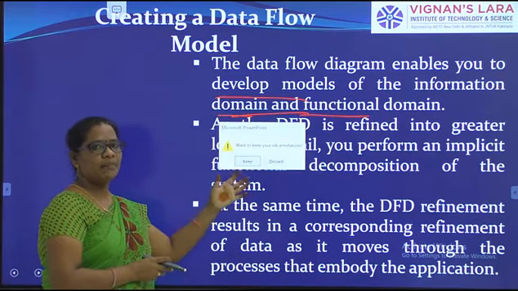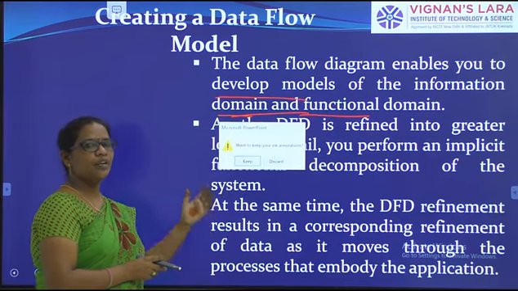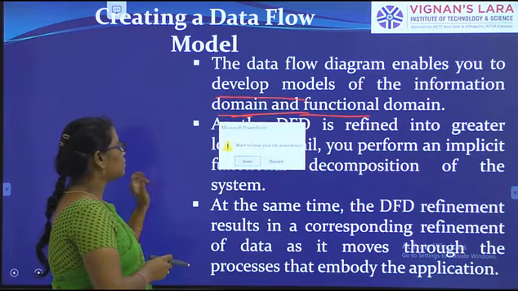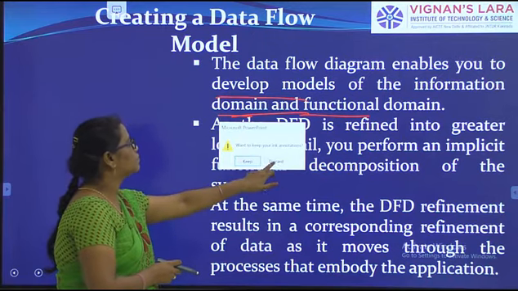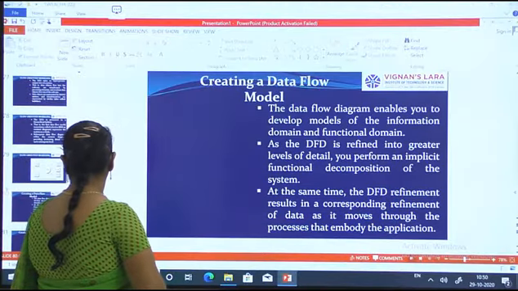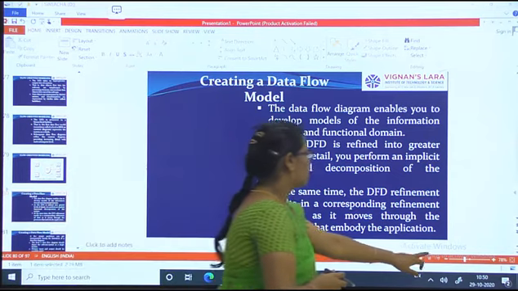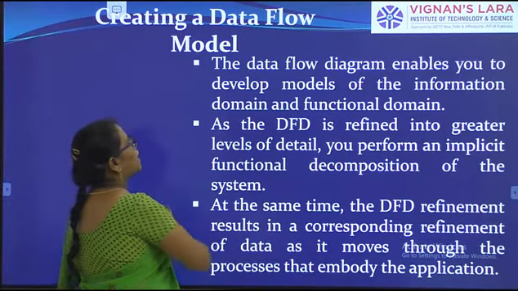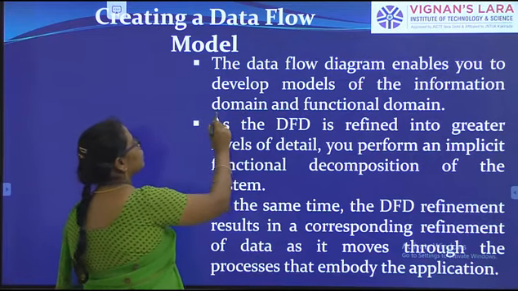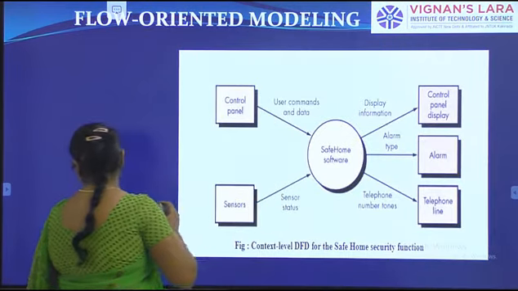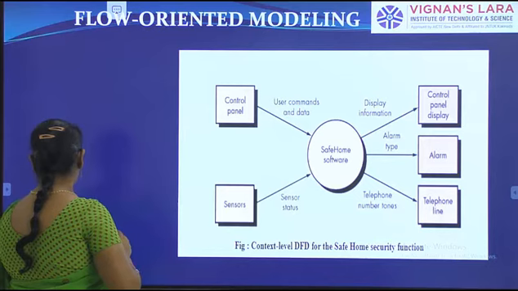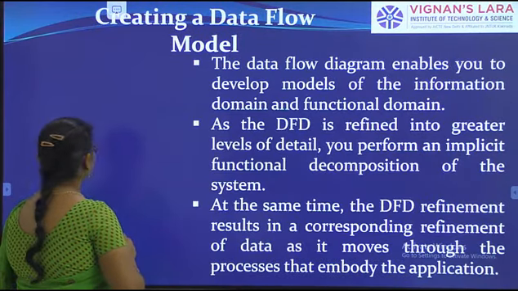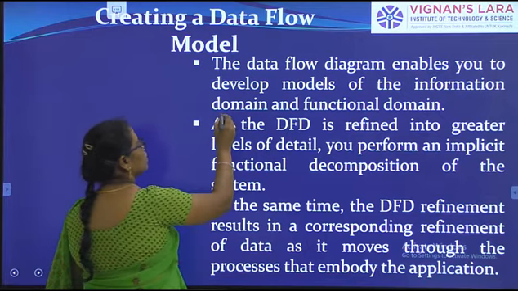So there is the alarm type, the telephone type, and also the control panel. The data flow diagram enables you to develop models of the information domain and functional domain.